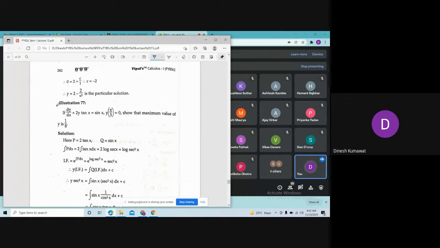Okay, now observe illustration number 77. Now what do we mean by this condition? This is the initial condition, okay? And using this initial condition, we need to show that the maximum value of y is 1/8.